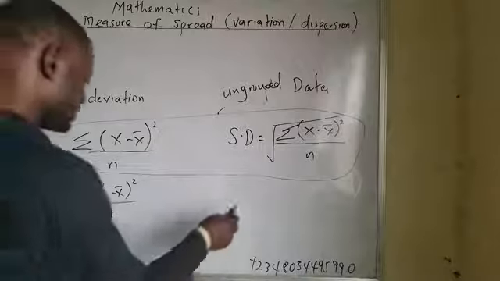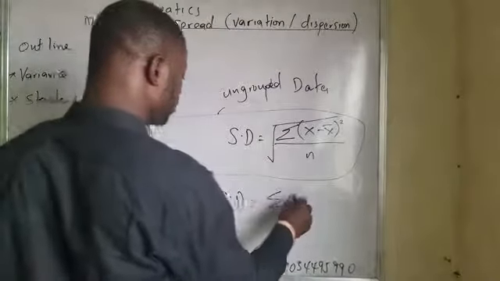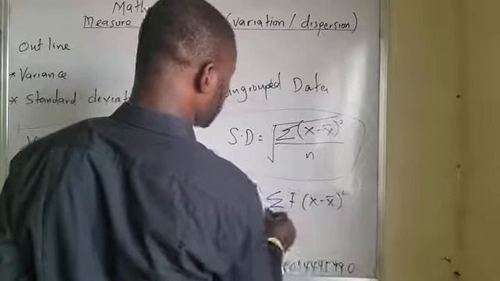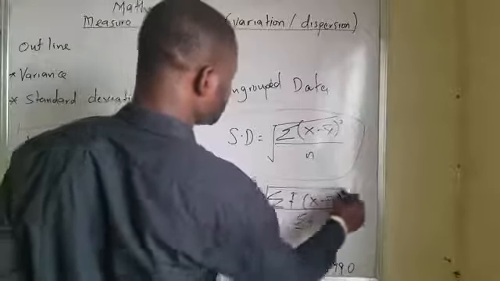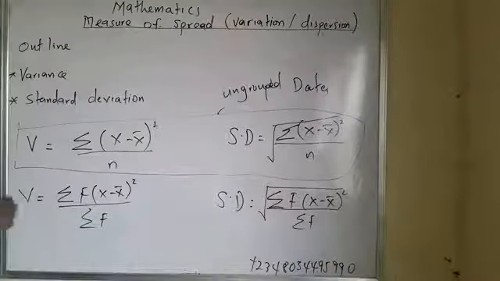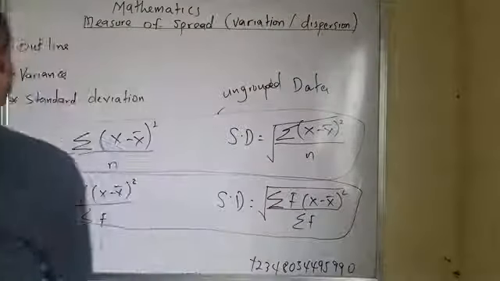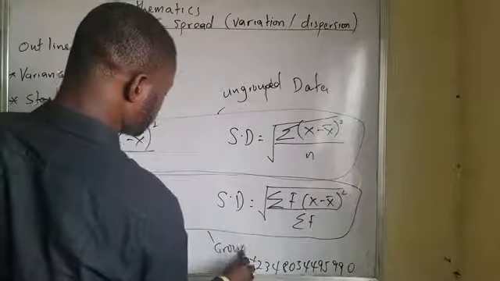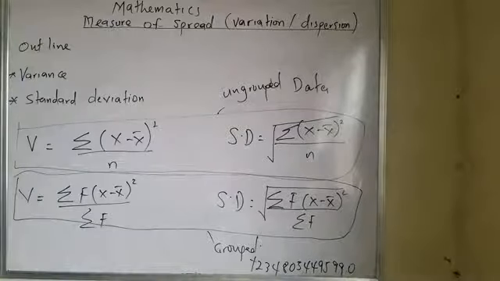And my standard deviation will be equal to the root of summation of f times (x minus x bar) squared divided by summation of f. This is for grouped, while the other is ungrouped. Please take note of those things.